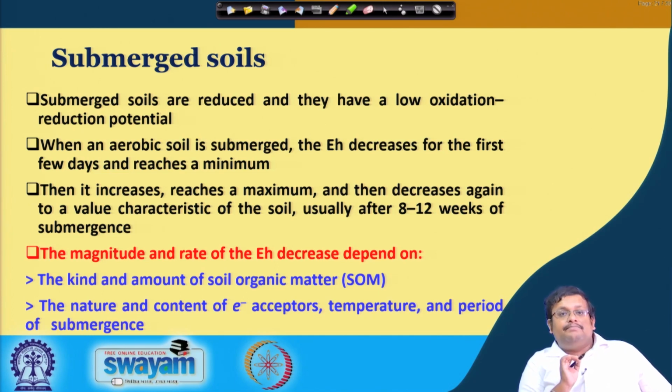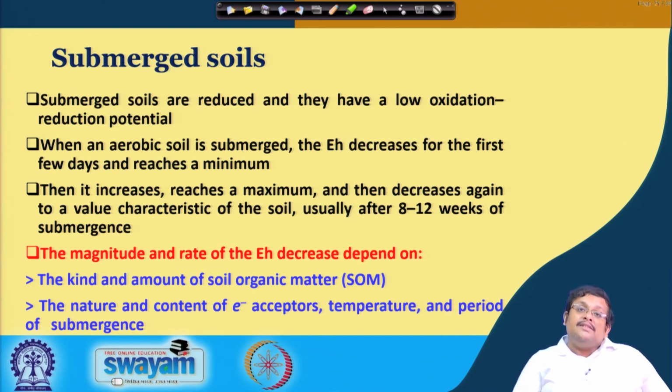So, you will see there is a change in dynamics of EH once you submerge an aerobic soil, and the magnitude and the rate of EH decrease depends from one soil to another soil. It depends on the kind and amount of soil organic matter. The soil organic matter is a reducing agent, and it has a tremendous influence on the chemical dynamics of this anaerobic soil.